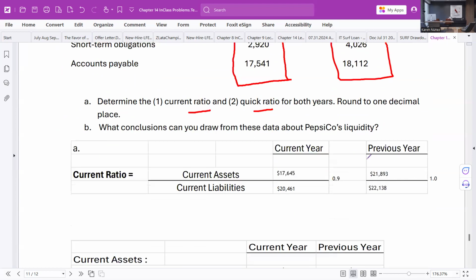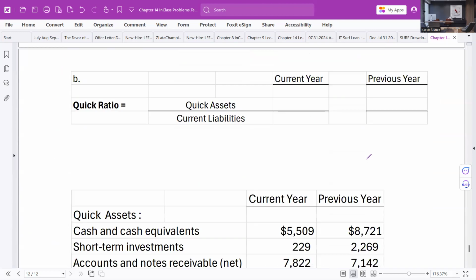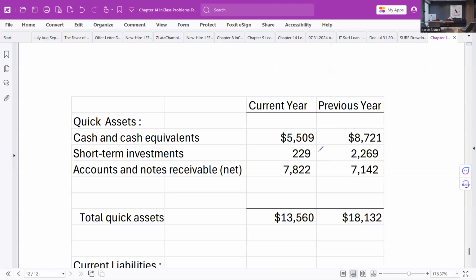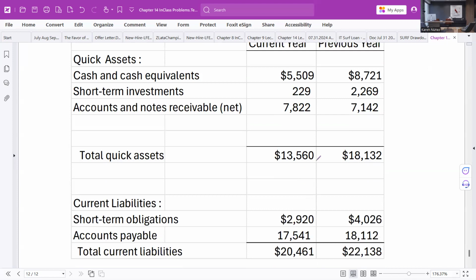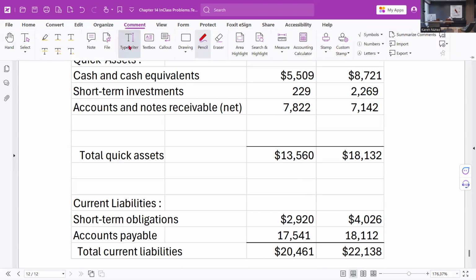So when we do that, when we measure those quick assets, then we just need the cash, the investments, and the accounts and notes receivable. The liabilities don't change, but the quick assets now represent only those assets that we can quickly liquidate.